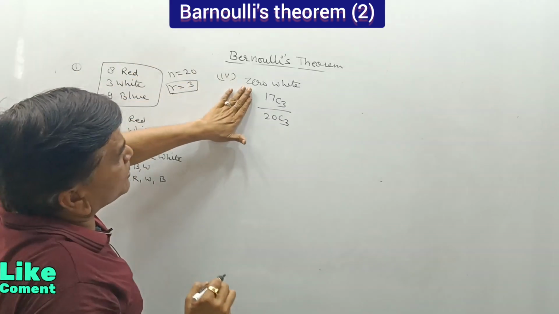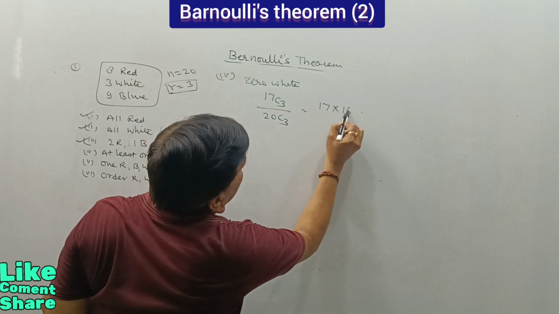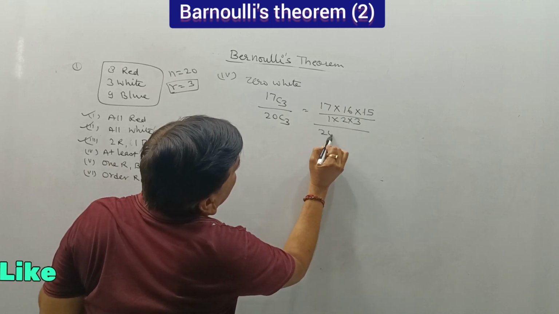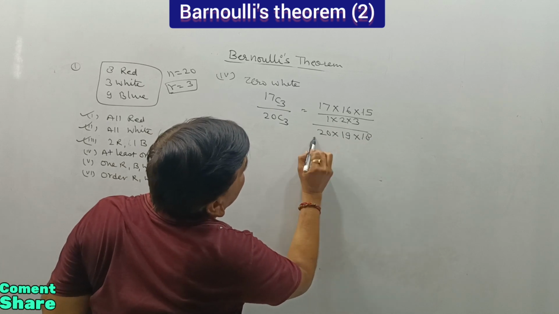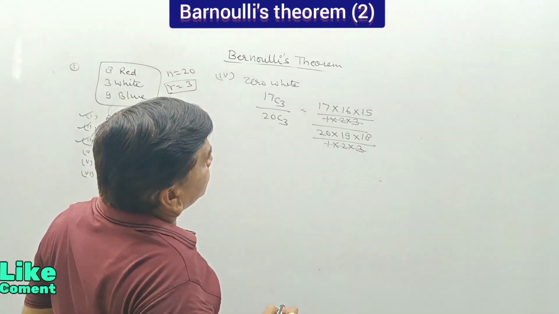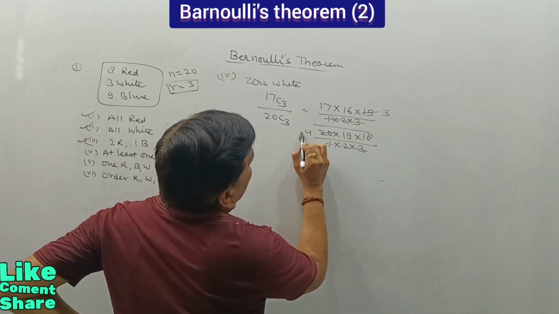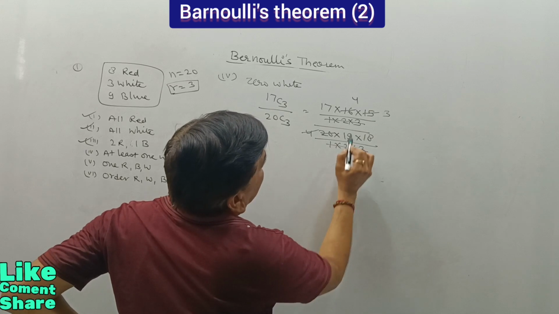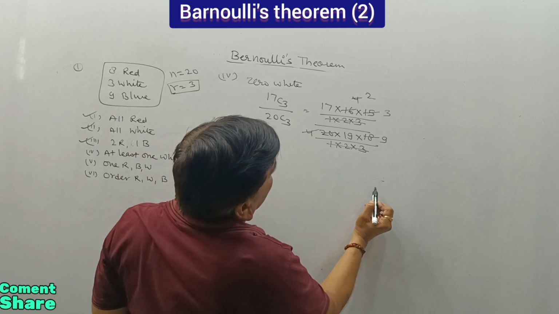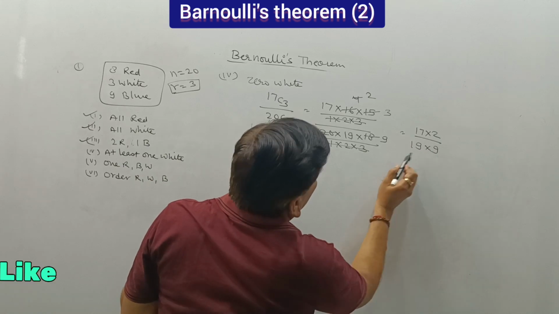So that will be 17 multiply 16 multiply 15 divided by 1 multiply 2 multiply 3, divided by 20 multiply 19 multiply 18 divided by 1 multiply 2 multiply 3. Cancelling the 5s and 4s, 4 fours are 16. So here 17 multiply 2 is over there, and here 19 multiply 9.